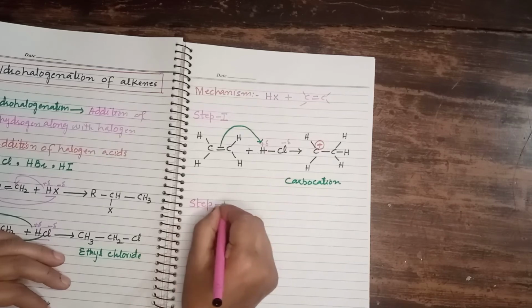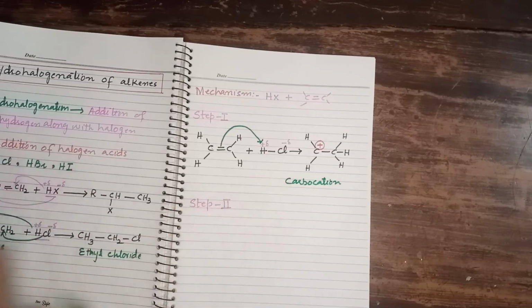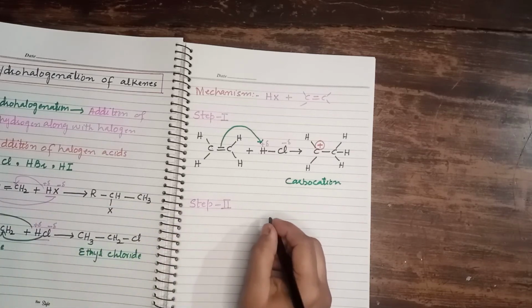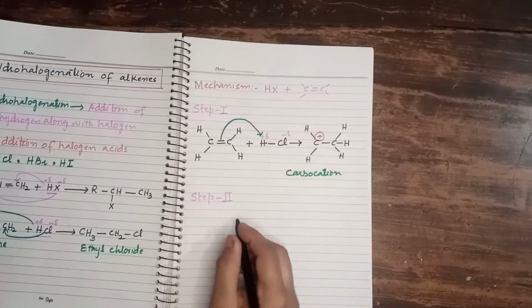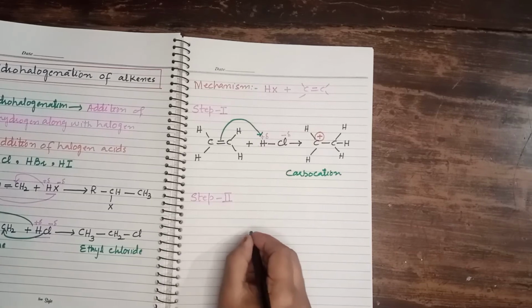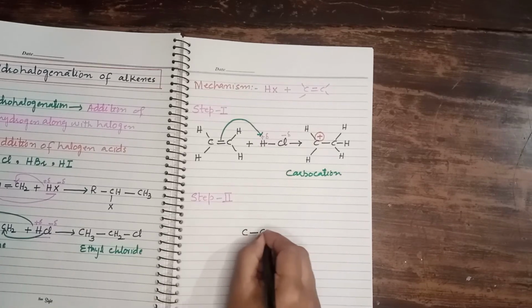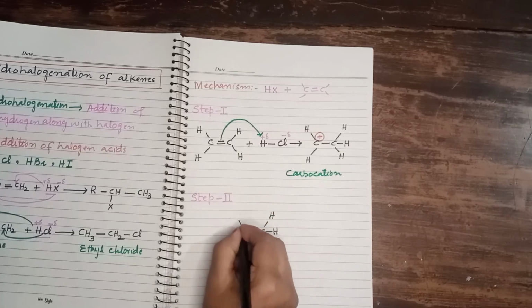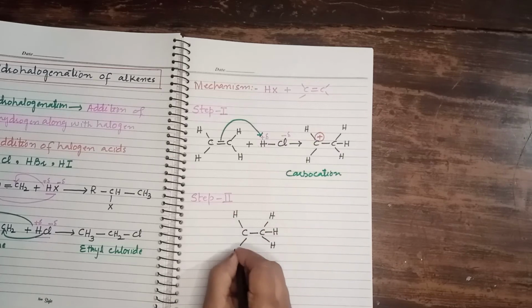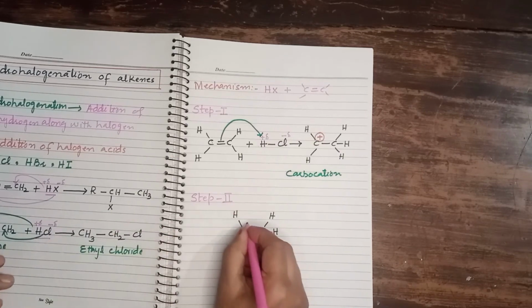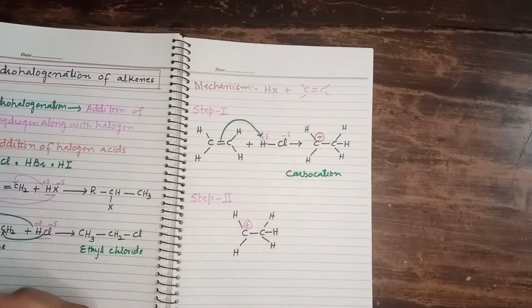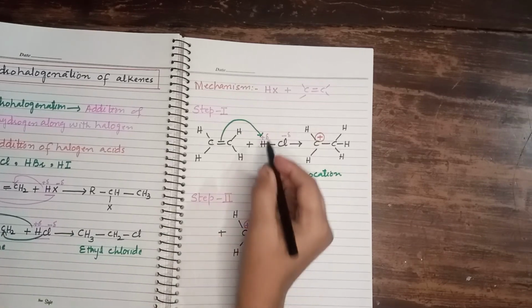Step 2. Now in the second step, the carbocation reacts with the halide ion to form the product, right? So we will rewrite this carbocation over here. Make a plus charge on it, and here we have a halide ion. Which halide ion is there, students?